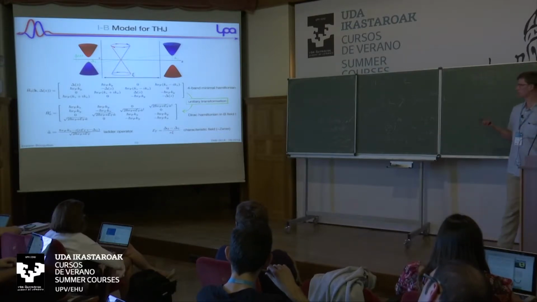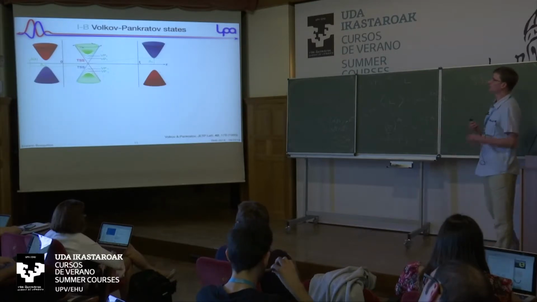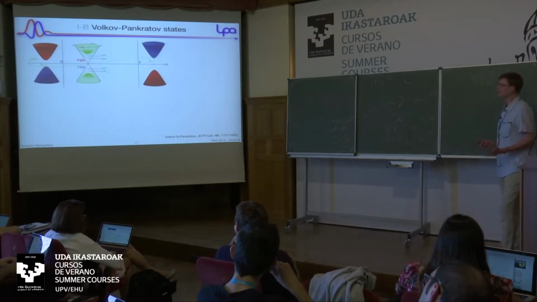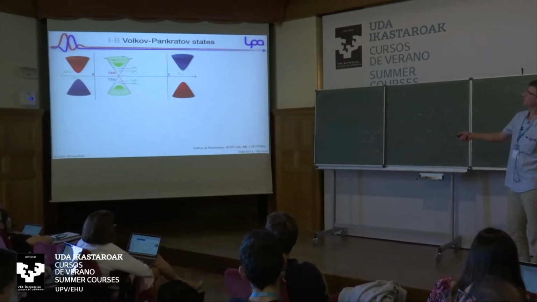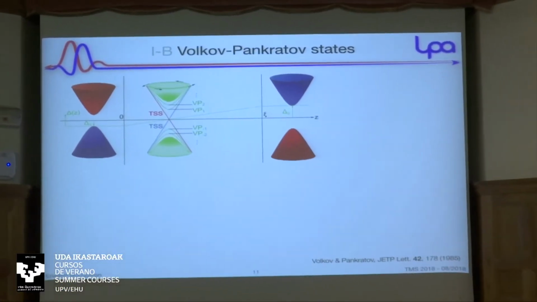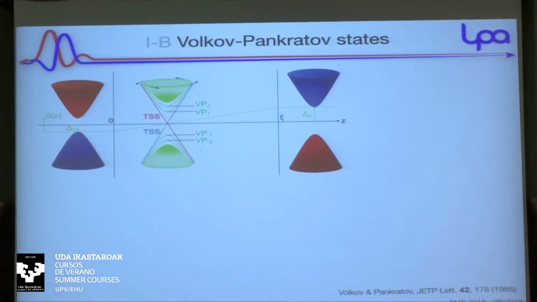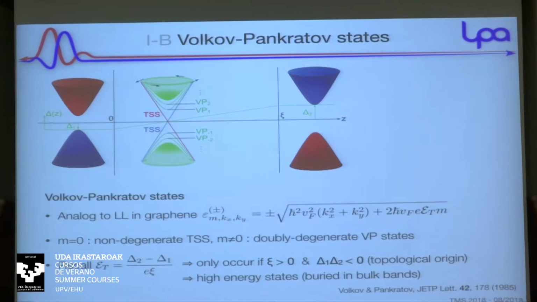And what does it change in the spectrum? Well, you now see that for interfaces of finite thickness, you do not only have these topological surface states here, but you have a family of states which are nothing but the Landau levels that you find from this artificial magnetic field. And you can see different things.